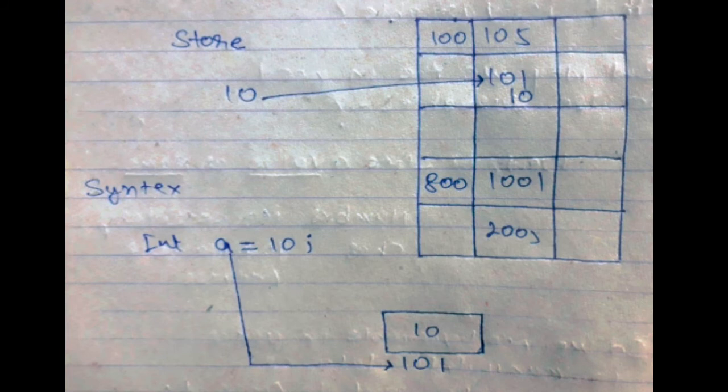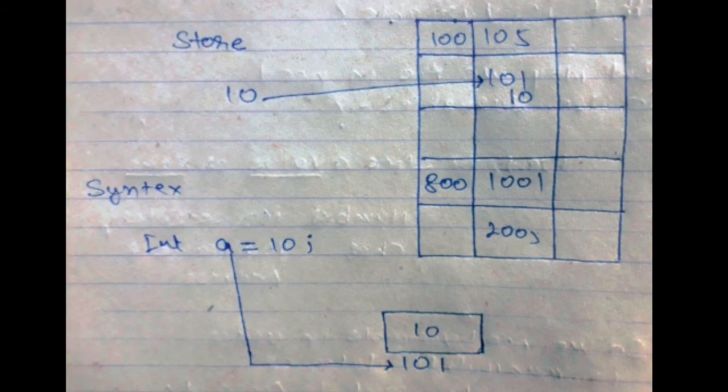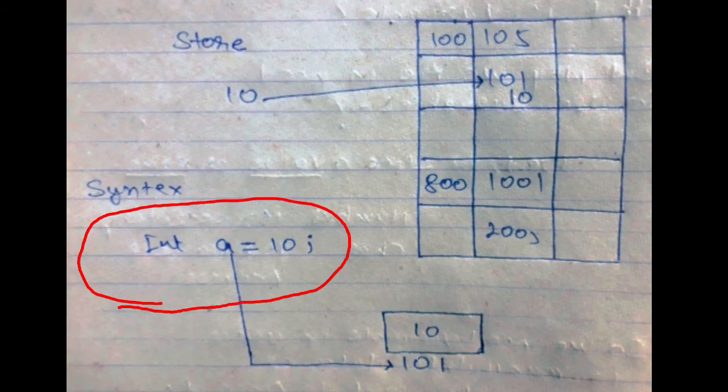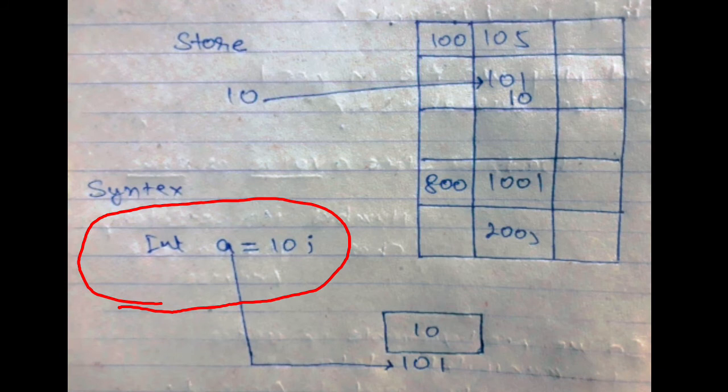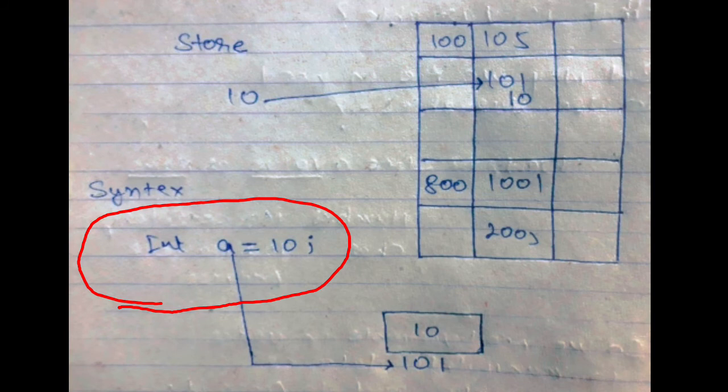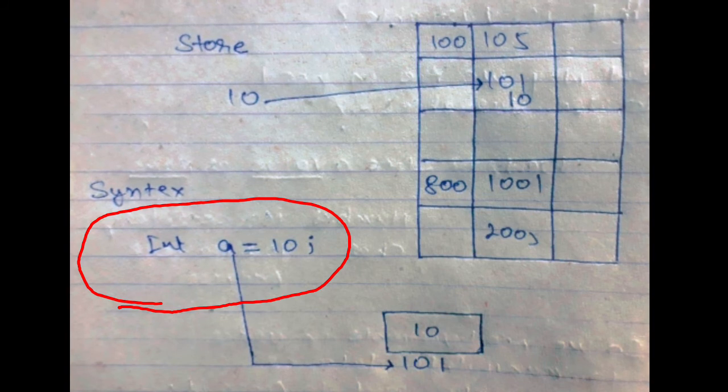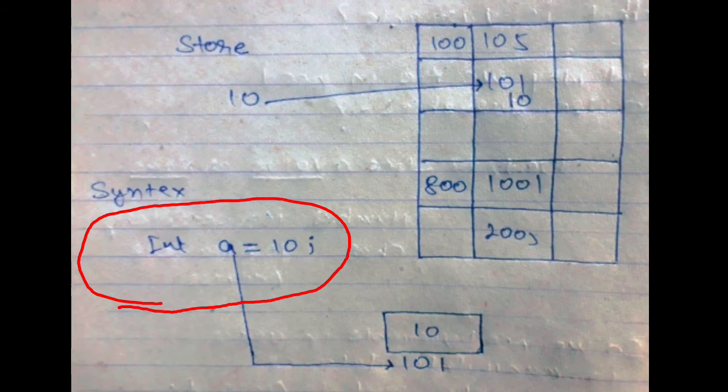Before we conclude, let's first see what the syntax looks like. Here the syntax: int a = 10. Integer is a data type. It is the type of data you are going to store, whether it is integer, float or character. Here we are storing a simple integer, which is 10, so a is equal to 10.